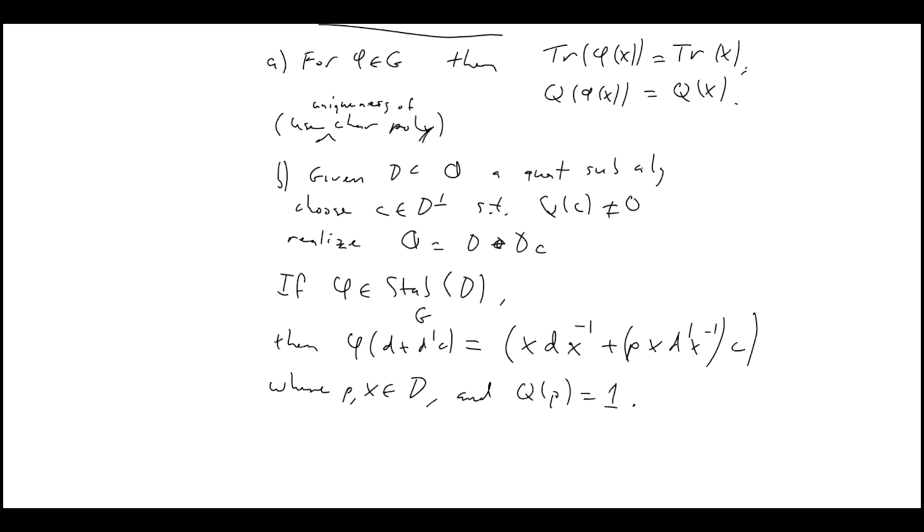This is essentially coming from Skolem Noether, plus a little bit more. So if you stabilize a quaternion subalgebra, then you're very close to coming from conjugation. But the main point is that this is a very rigid structure. Once you preserve a quaternion subalgebra, there's not so much room.